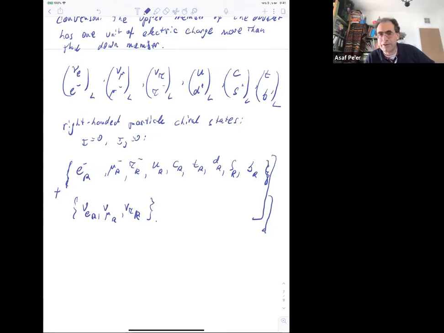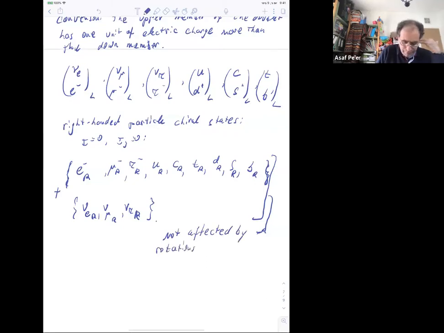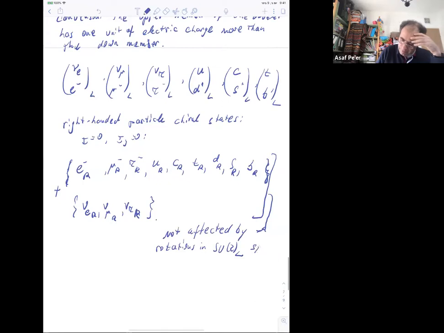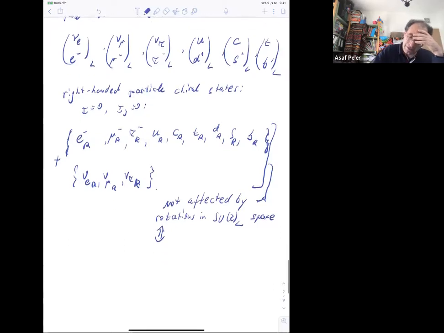Rotation meaning there is a coupling to the W. These do not couple to the W's, so they're not affected by rotations in the SU(2)L space, which is equivalent to saying that these guys do not participate in the weak interaction.